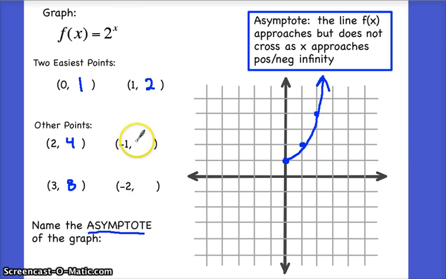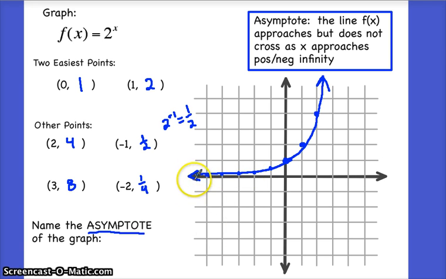2 to the negative 1 is actually equal to a half. Remember, negative exponents make for fractions. So 2 to the negative 2 is going to be a fourth. Well, at negative 1, we're at a half. Then we're at a quarter. And as you can see, we're going down. Instead of multiplying by 2, essentially dividing by 2. But remember that no matter how many times you divide by a positive 2, that's never going to turn your number negative.